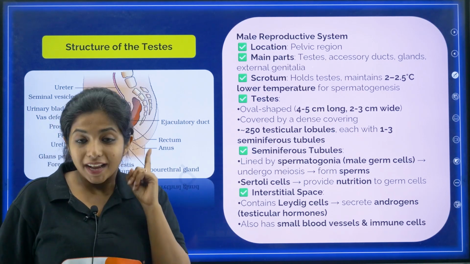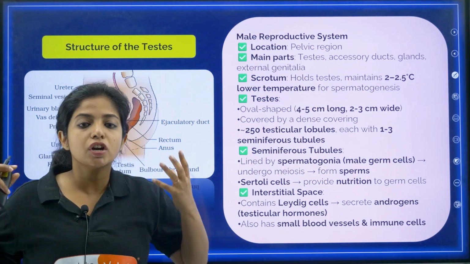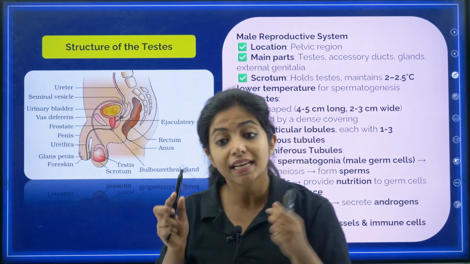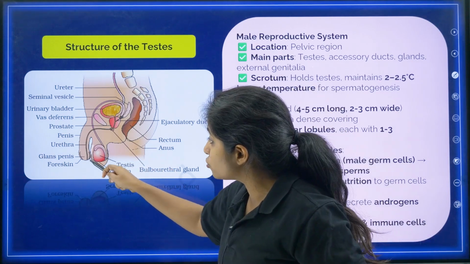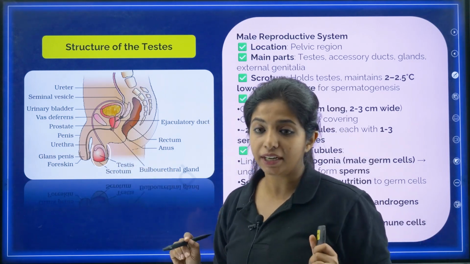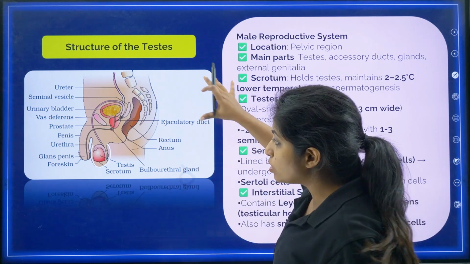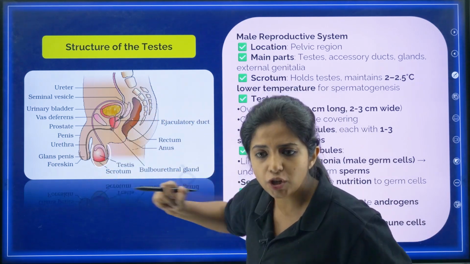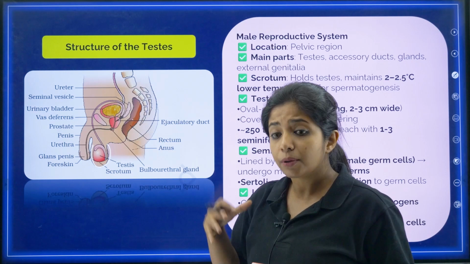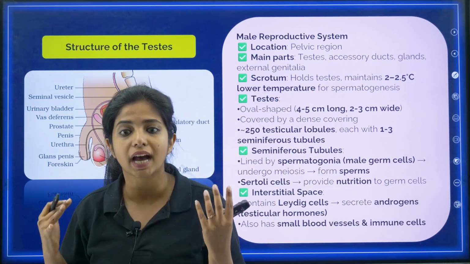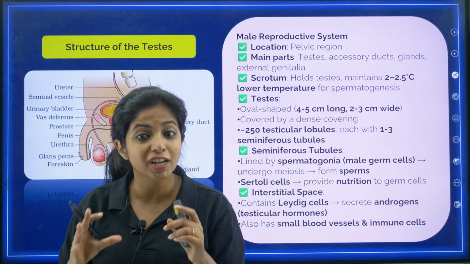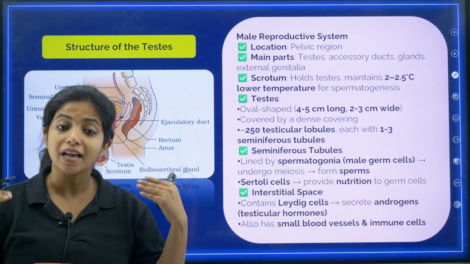Now the testis is not just lying there, it is inside a pouch-shaped structure known as the scrotum, which is outside the pelvic cavity, outside the abdominopelvic region. Why do you think it is outside? Because inside our body the temperature is really high, and the sperm formation cannot take place at this high temperature.